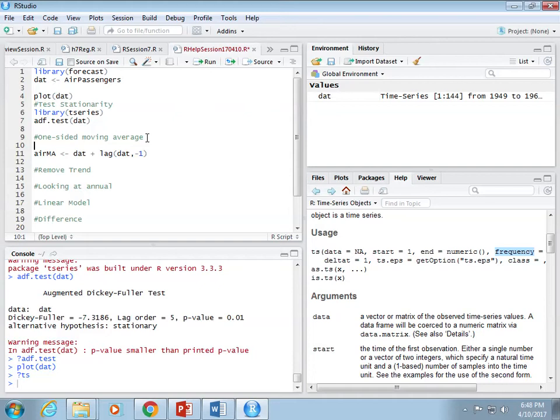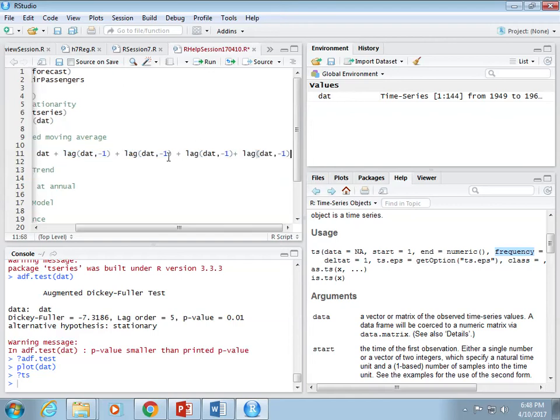If I do lag -1 of that, it grabs the previous month, and if I do -2, it grabs two months before. So I'm just going to do that for up to 12 here. With quarterly data, it's a lot quicker: essentially -1, -2, -3, -4, and on.